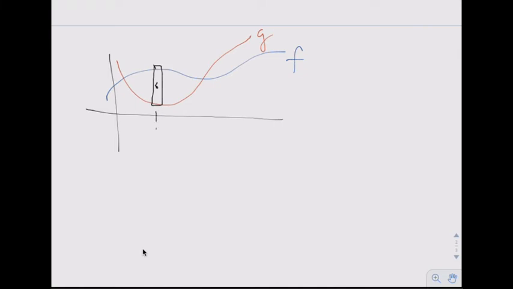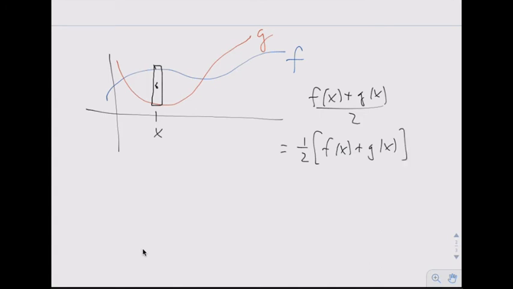So if this is my place x, I'm going to average these, so that's f of x plus g of x divided by 2, or in other words, 1/2 f of x plus g of x. So that's the location in the y direction.